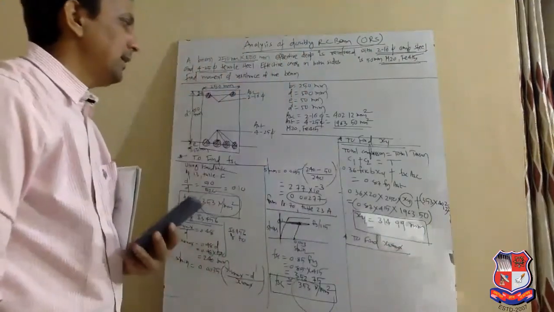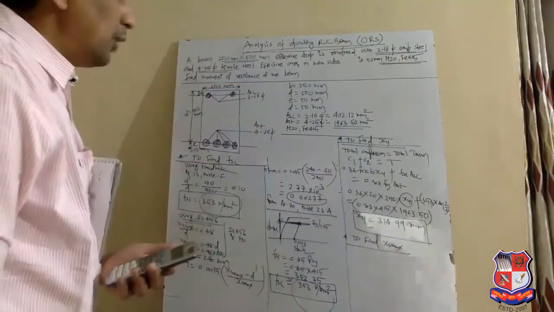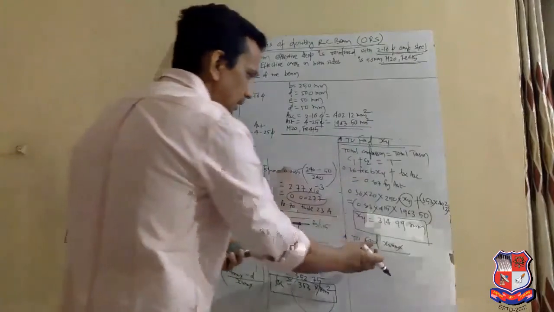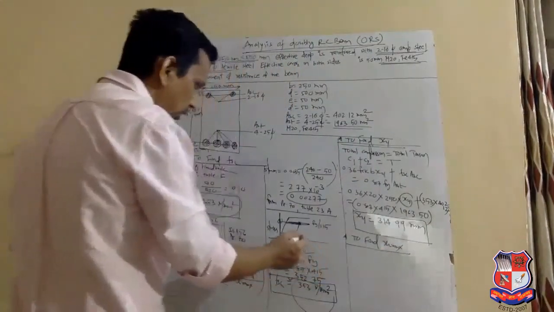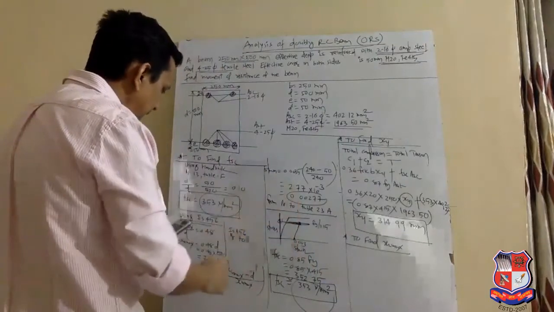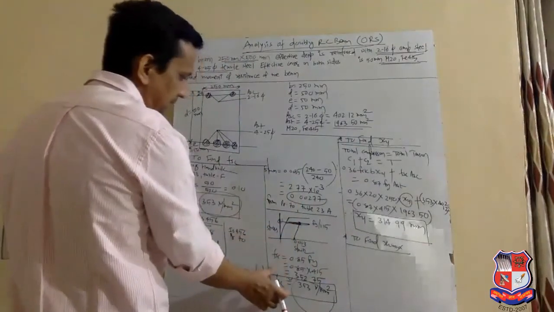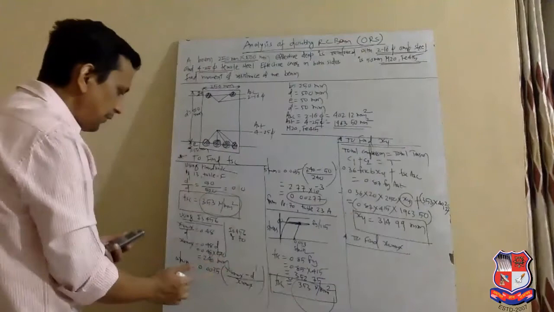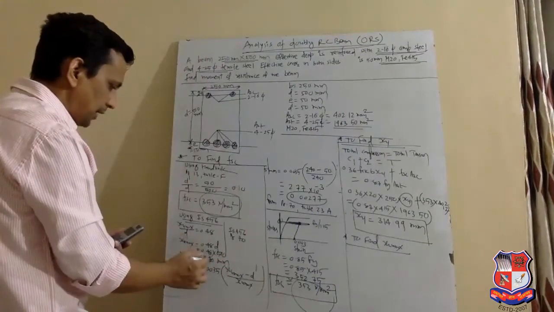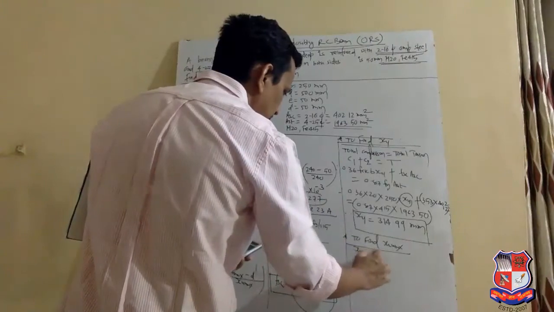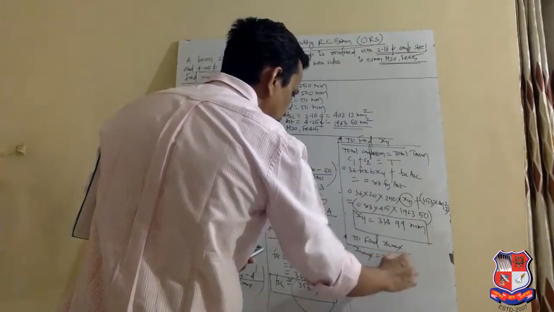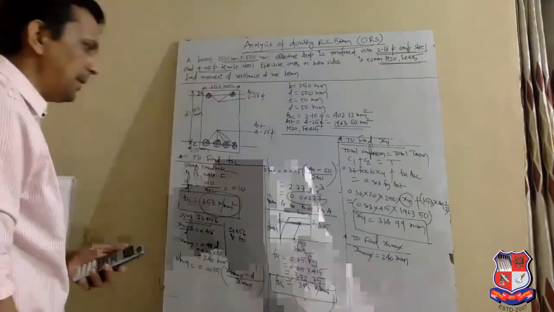Once you find the value of XU, the next step is to find the value of XU max. So in finding the value of FSC, we have already found out the XU max value, and that is 240. XU max equal to 240 mm.